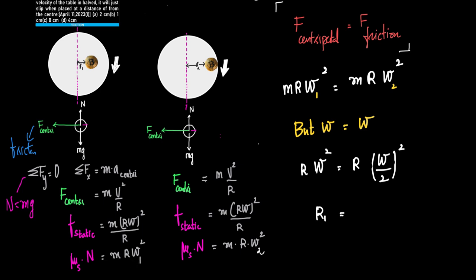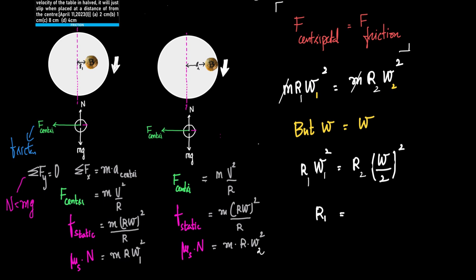m r omega 1 square will be equal to m r omega 2 square. And if we see, m and m will be the same, but r and r will not be the same. It will be r1 and r2, right? So we have r1 into omega 1 square is equal to r2 into omega 2 square.